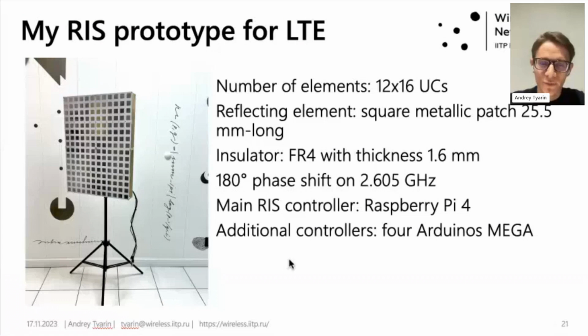And the second scenario was an outdoor scenario, and the distance between RIS, RX, and TX was around 1.7 kilometers, and the distance between RIS and RX was around 3-5 meters. And again, there was a direct link, but it was weak.